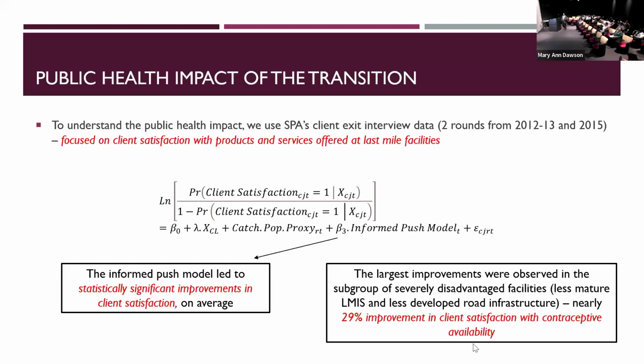This is the group that has less mature LMIS and less developed road infrastructure. In that case, the improvement in client satisfaction was about 29%. And this has a lot of spillover benefits, because if you are satisfied with the health facility, you are more likely to go back again. You have trust in the health system. So there are a lot of spillover benefits on top of just getting the products you want.